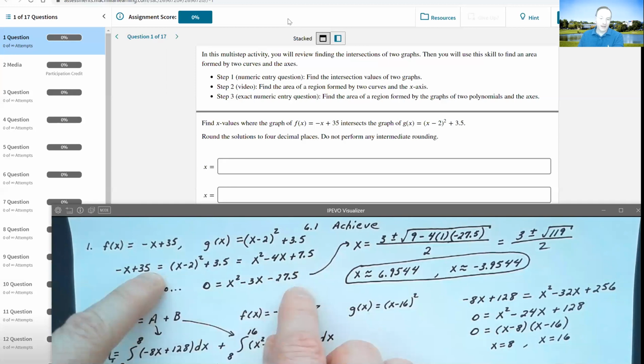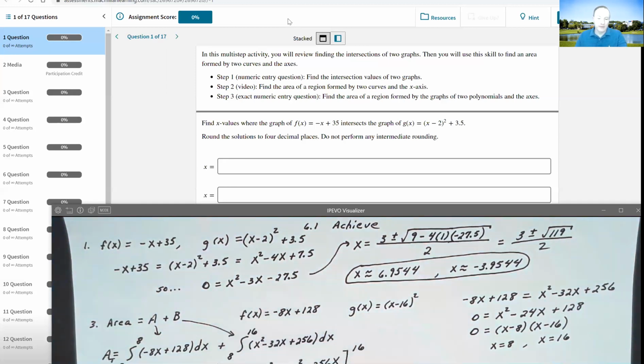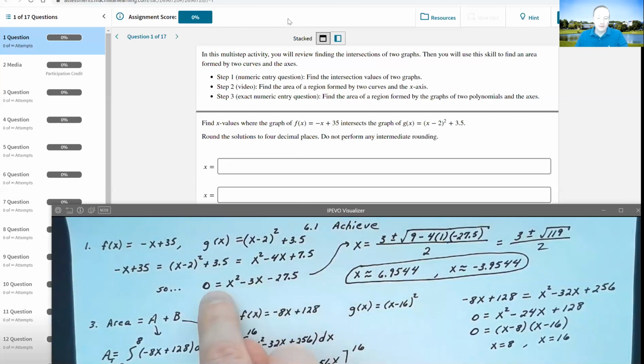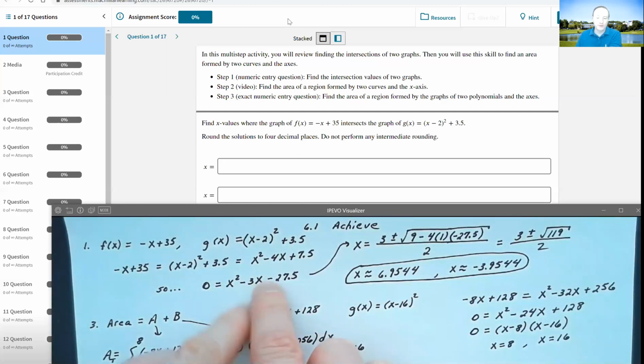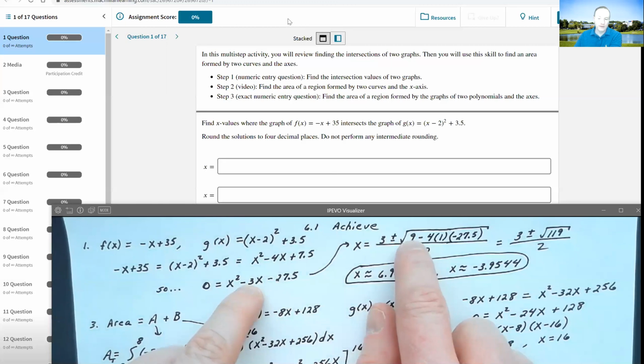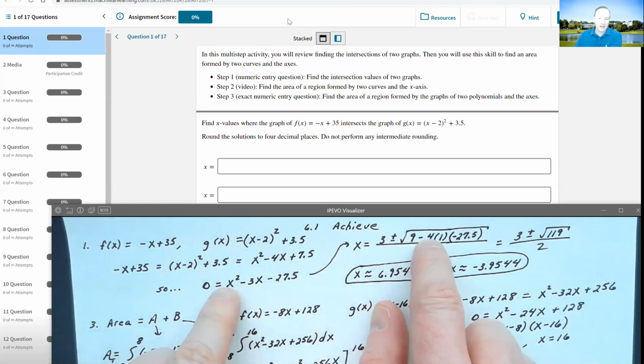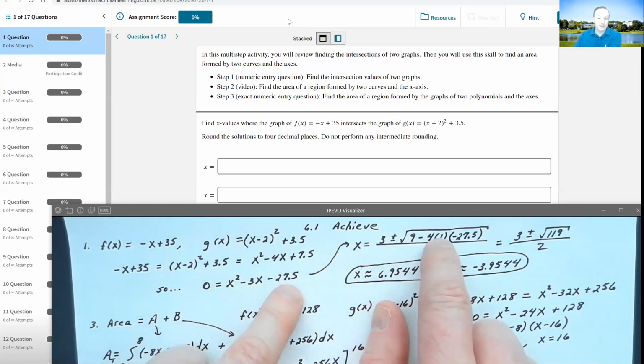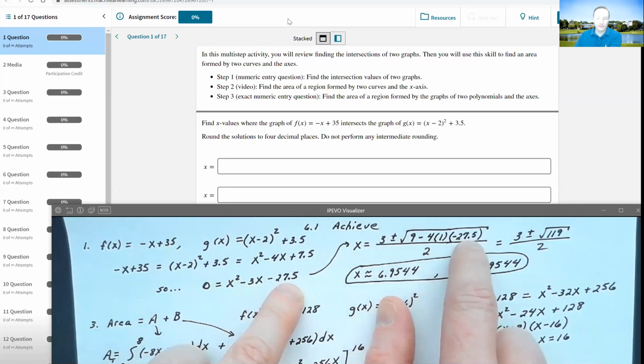So there's a bunch of different ways you could solve this. I just went ahead and did it the easiest way that I could show on paper, just using the quadratic formula. So in order to solve when this quadratic is equal to 0, I said x is equal to negative b, positive 3, plus or minus the square root of b squared, positive 9, minus 4 times a, which is 1, times c, which is a negative 27.5.